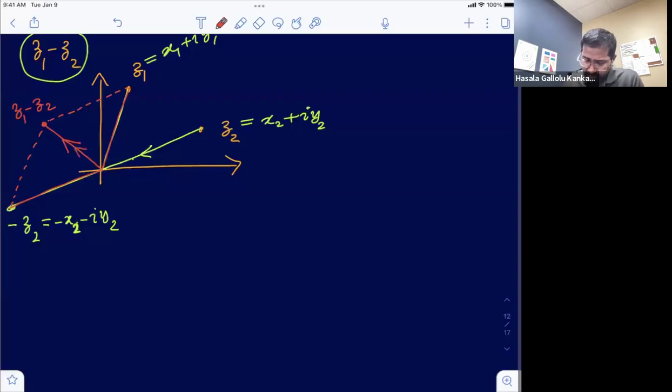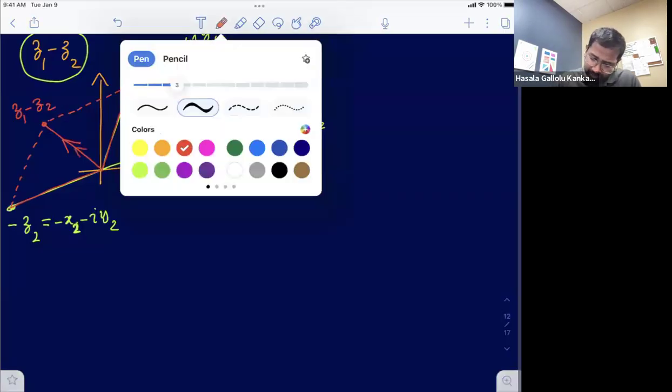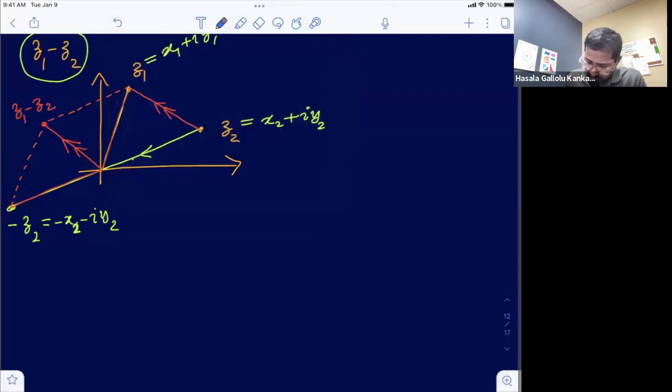Look at this. This is parallel to exactly the line connecting z2 and z1. So z1 minus z2 can be recognized better by this. So that is the secondary diagonal that you see in the parallelogram if you complete that parallelogram.